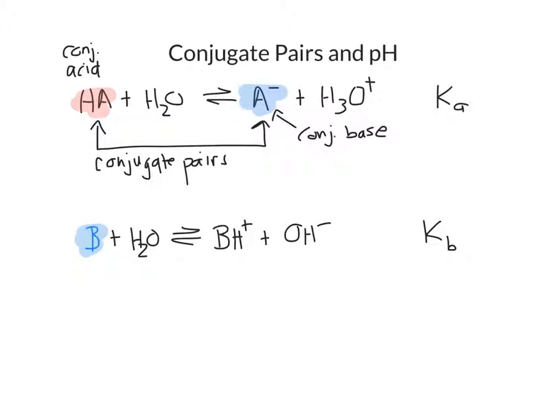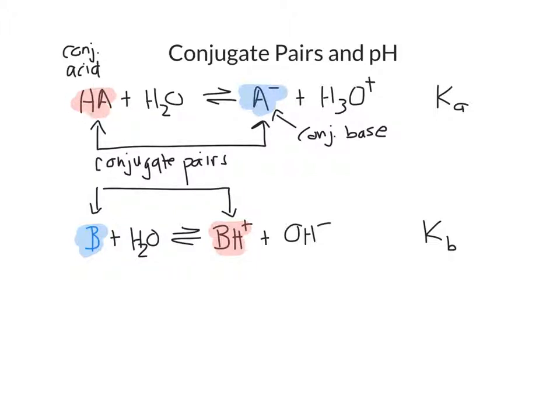And in the reverse direction, the molecule that has the proton, the base that has already accepted the proton, now has a proton that it can donate, in this case to OH-, and so it's acting as an acid. So again, we have a conjugate pair in this base hydrolysis reaction, and the same definitions apply. When the molecule has the proton, it's called the conjugate acid, and when the molecule has already donated its proton, it's called the conjugate base.